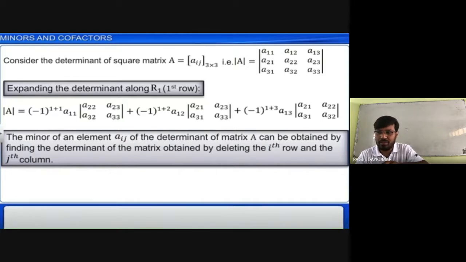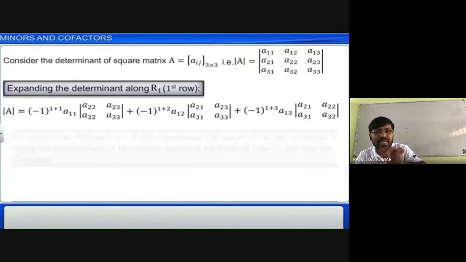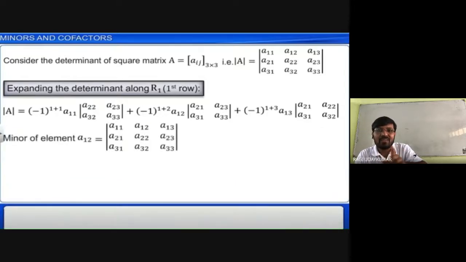Whenever you consider Aij as an element, the minor of this element Aij of the determinant of the matrix A is obtained by finding the determinant of the matrix obtained by deleting the ith row and jth column. Whatever matrix determinant you get after deleting the ith row and jth column is represented by Mij.